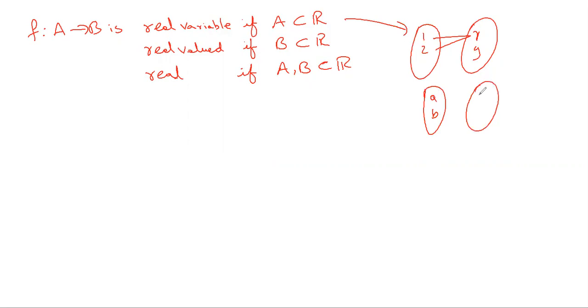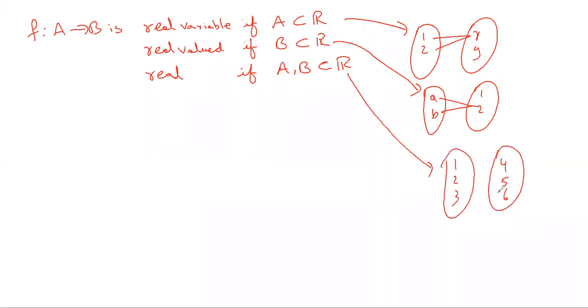A, B, 1, 2, this is real valued. 1, 2, 3, 4, 5, 6, this is a real function, right?